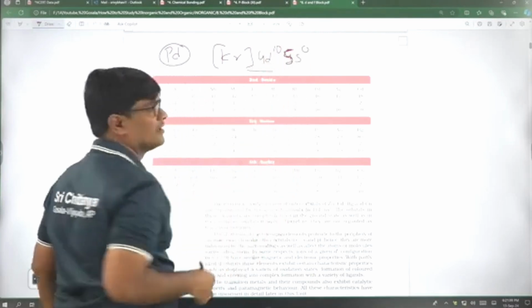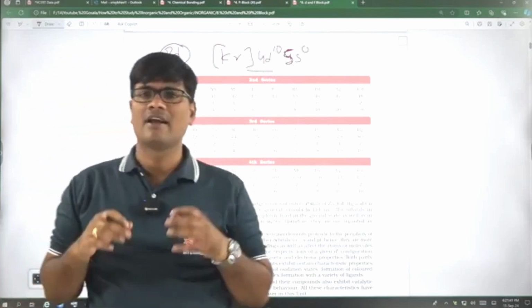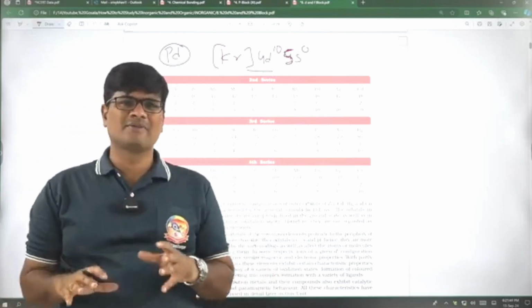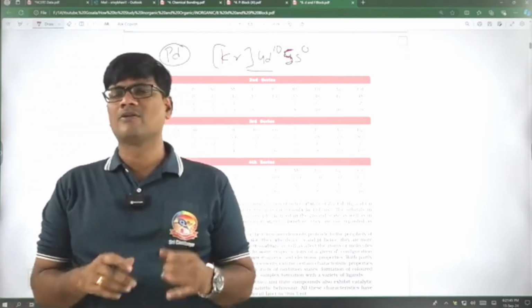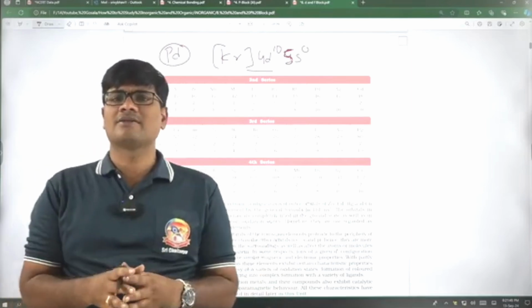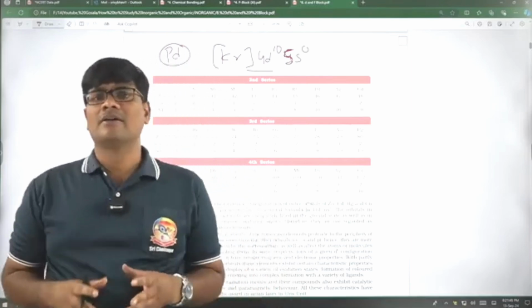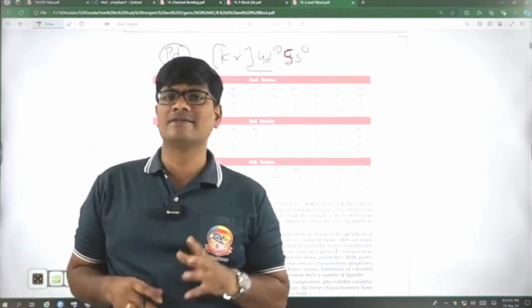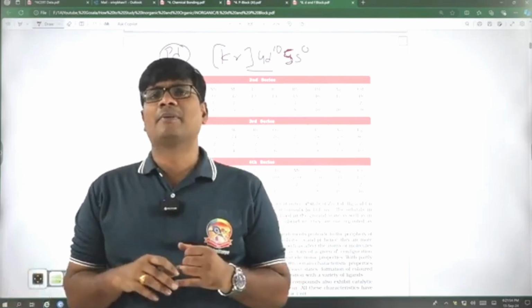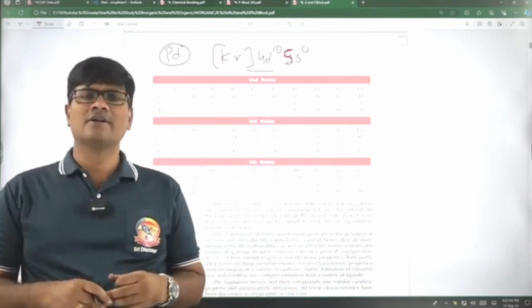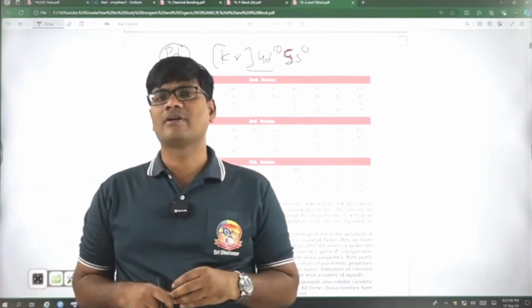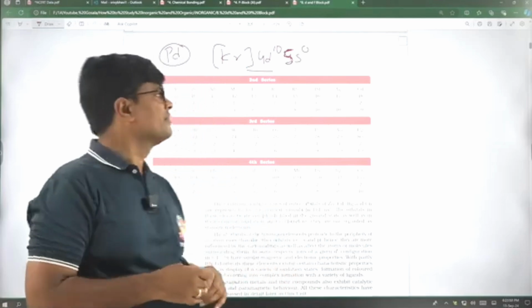This is an important exceptional electronic configuration. Like palladium, we know copper and chromium have exceptions, but some other important exceptions you can collect from D block of 12th class NCERT. Palladium, platinum, gold, silver, these are the very, very important exceptional electronic configurations.